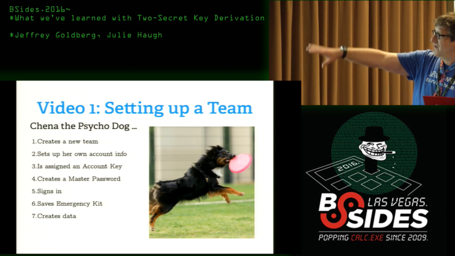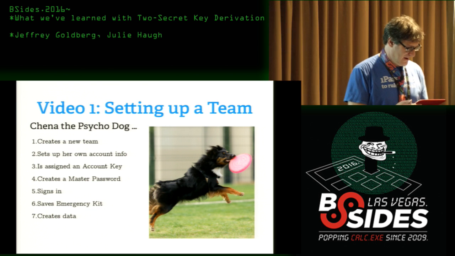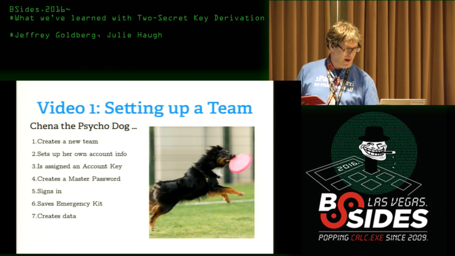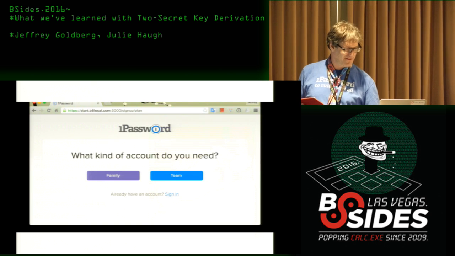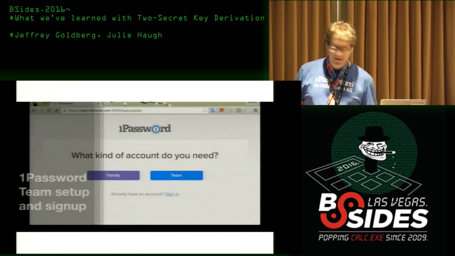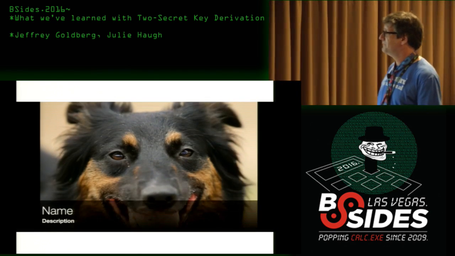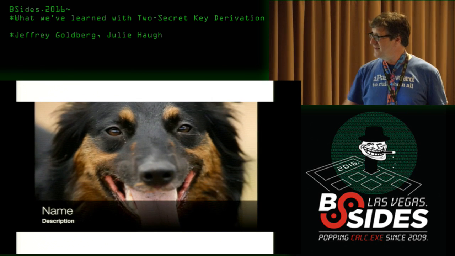And so we're just going to go through a lot of steps here. So we'll see her do lots of things. OK, so here's a video. Sorry, Chain of the Psycho Dog.